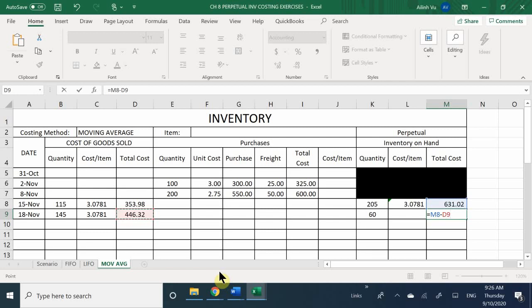Here in our answer from above is 631.02. It should be 184.70 because we're rounding our numbers, remember, okay? And we're finding an average cost per item every single time.